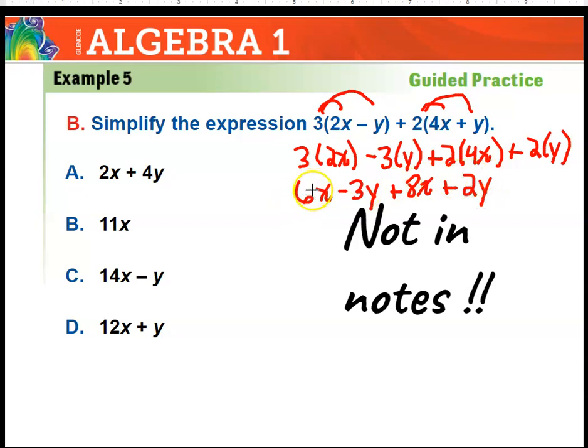Okay, so now I'm going to put the x terms together. So I've got 6 plus 8 times x, and then I have plus negative 3 plus 2y.